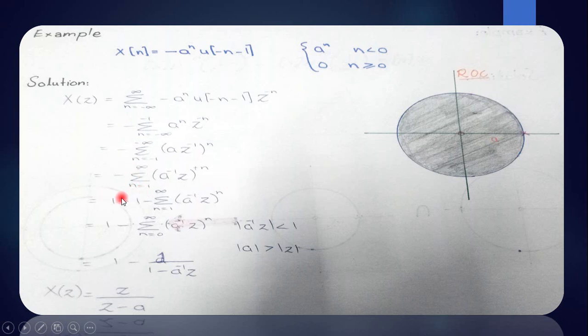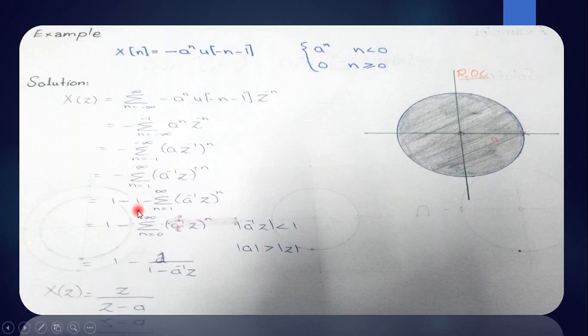Now we are interested in transforming it into a geometric series sum. Just adding and subtracting 1 will not affect the answer, and we know that if the power of anything is 0, then it will come out to be 1.